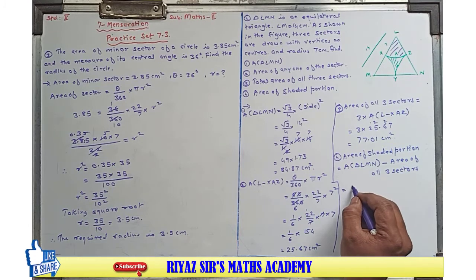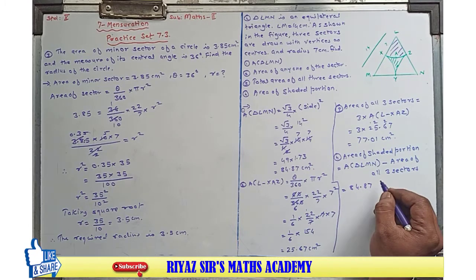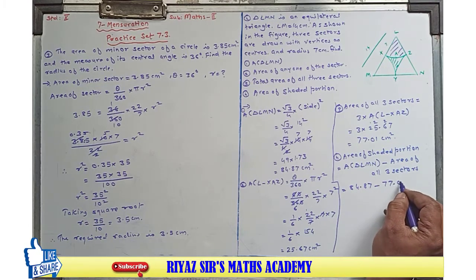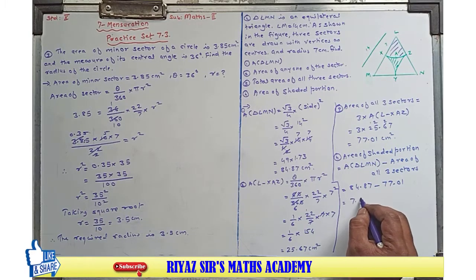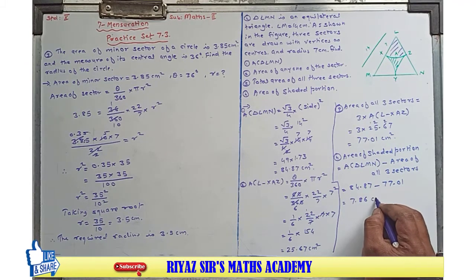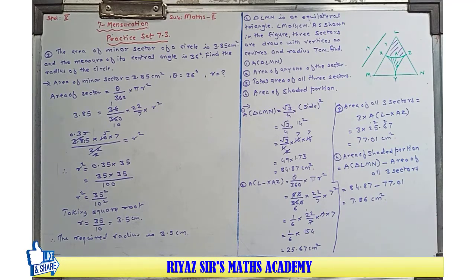Area of triangle is 84.87 minus 77.01. That is equal to, the final answer is 7.86 centimeter square. Okay, so in this way you have to solve this fourth example.